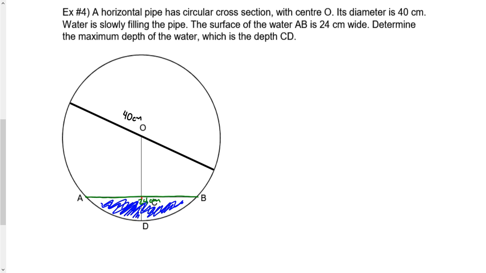Oh, I also don't have this fully labeled. Oh yeah, the C is there. It's asking basically, how deep is this water in this pipe? What is that? Well, here's a few special things. If our diameter is 40, our diameter can be written as 40 no matter where we go, as long as we go from a side and go through the center of the circle.